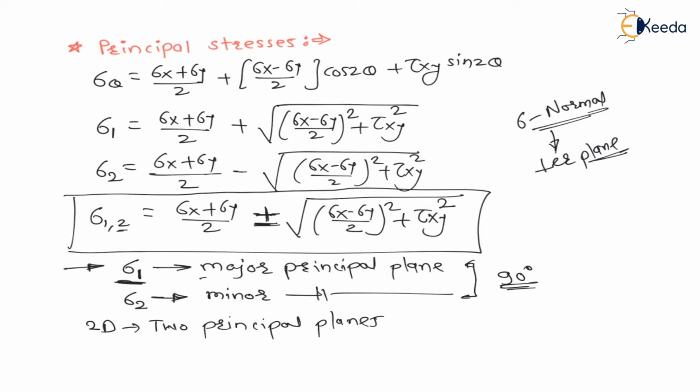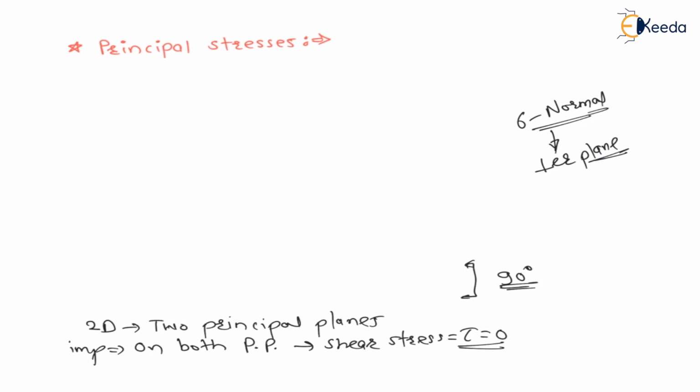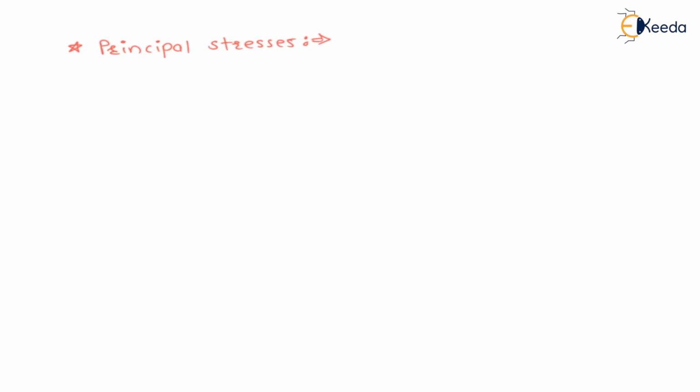And a very important point is that on both principal planes shear stress is zero. Shear stress tau is zero, means on the major principal plane as well as on the minor principal plane the shear stress acting is zero. This is a very important point.